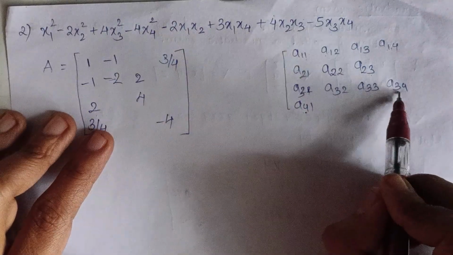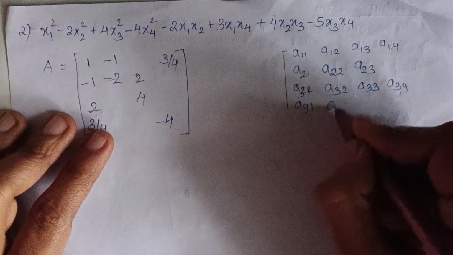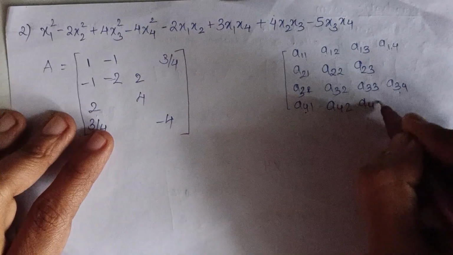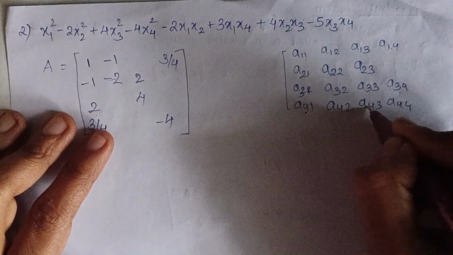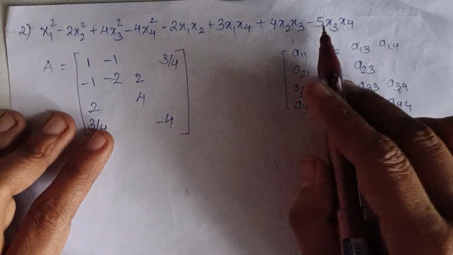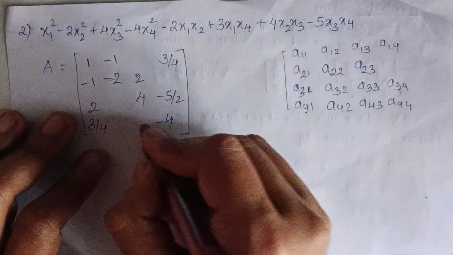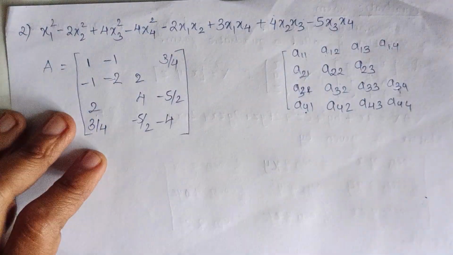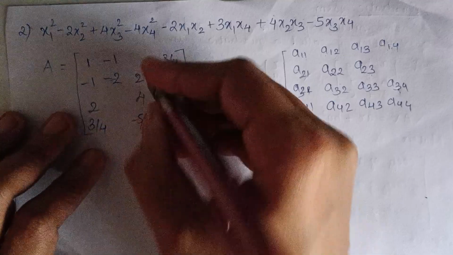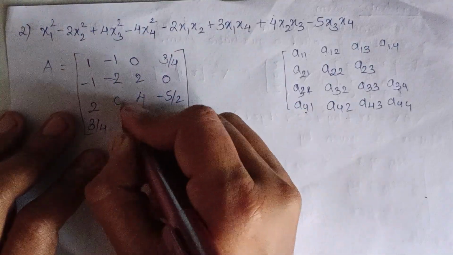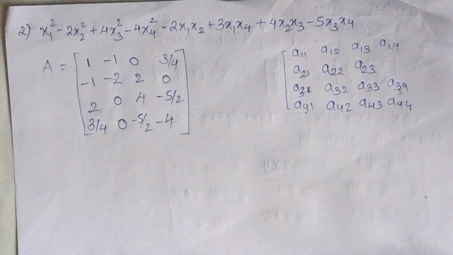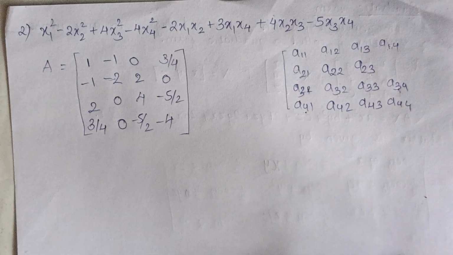So 3, 4 and 4, 3 are the same element, so minus 5 by 2. And the remaining are not given, so they are 0. This is the matrix.